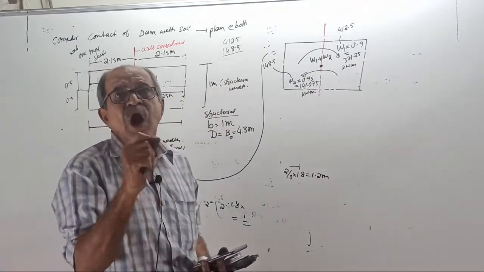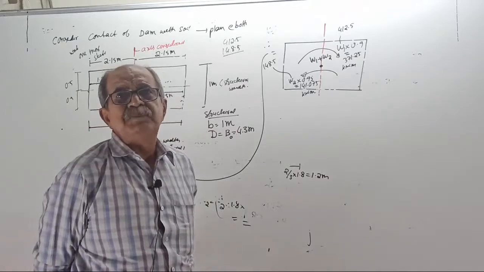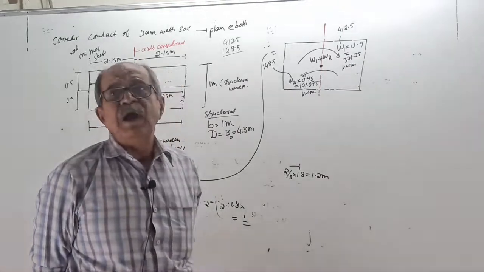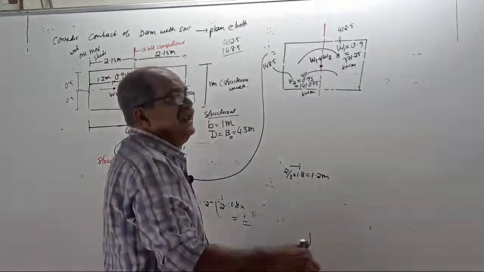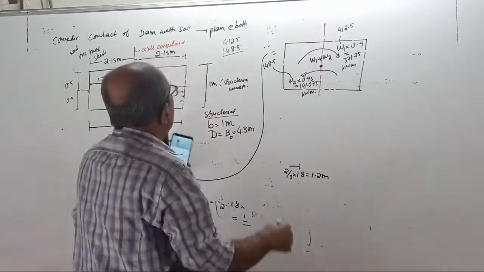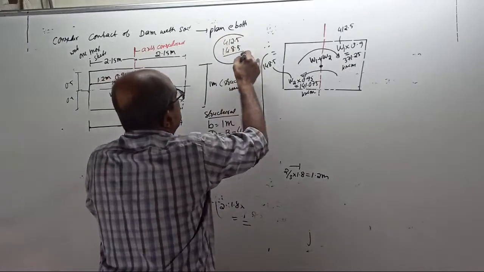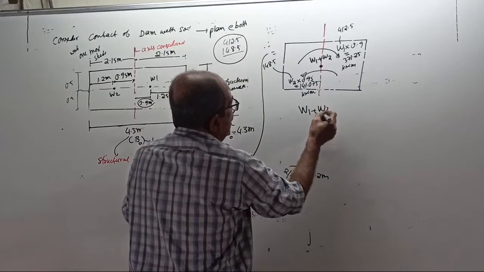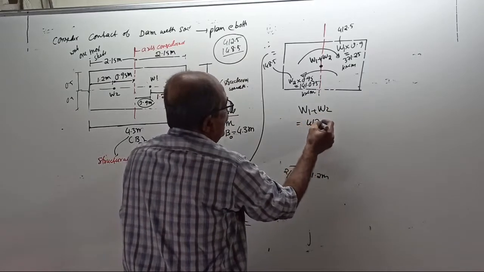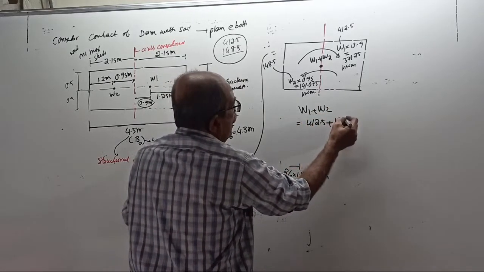Now remember, still not over. Tell what is lastly pending. So, for the base contact, there is a vertical force downward of W1 plus W2. Remember, W1 plus W2 will be equal to 412.5 plus 148.5.